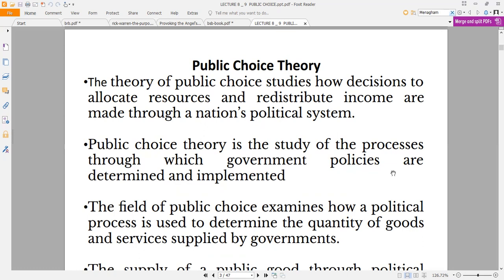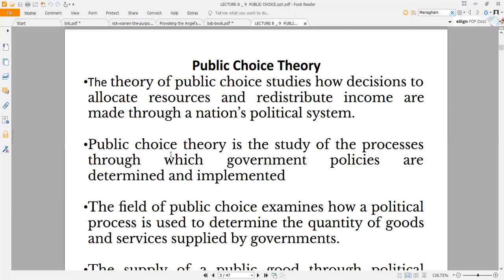And also, how does this political system redistribute income? How will income, for example, be taken from the rich and then given to the poor? So the branch of economics that studies all this, how the political system will allocate the resources and then how the redistribution of income will occur, is what we call the public choice theory.